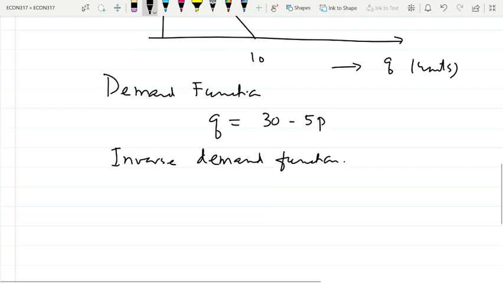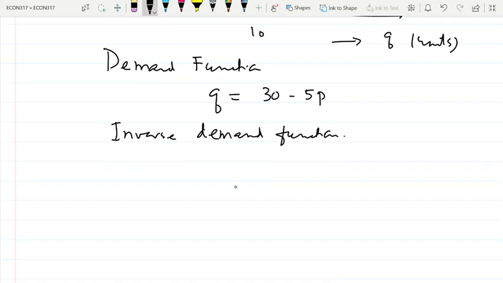And it is possible, given the demand function, to convert it into the inverse demand function, in the sense that I need price on the left hand side and quantity on the right hand side. So let's see how we can determine the inverse demand function for the demand function given here.